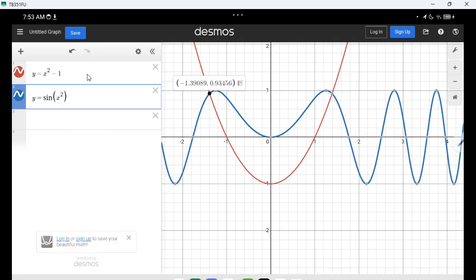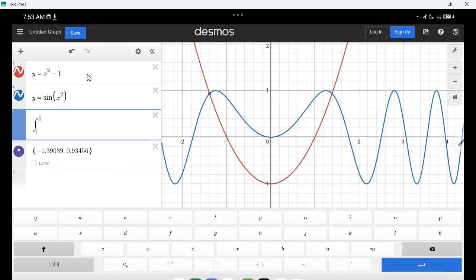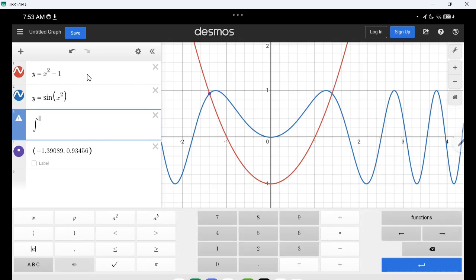I don't know if you have that button on the AP version of the Desmos calculator, but it's just a matter of doing the integral from negative 1.39089 to positive 1.39089.